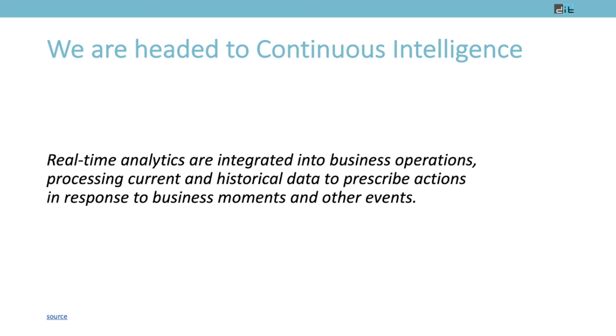Continuous intelligence involves real-time analytics, where these analytics are integrated directly into business operations, and they look at all the data that we're collecting, real-time, current data, and historical data, to automatically come up with actions and decisions that respond to what is happening in the system, and they can make business decisions or different application decisions in an automated way.